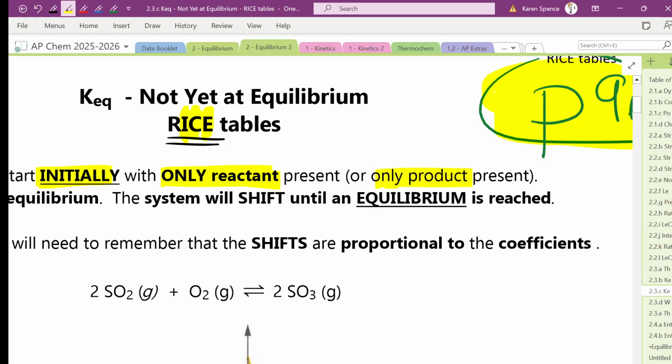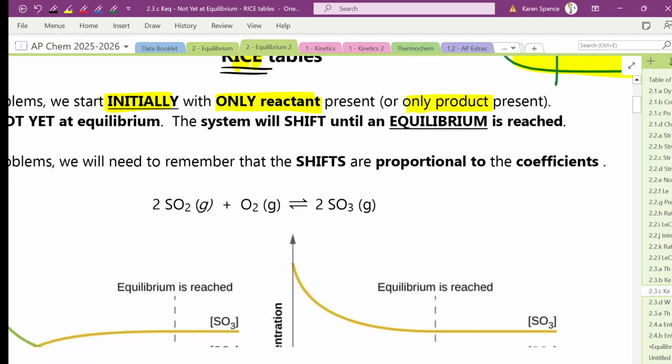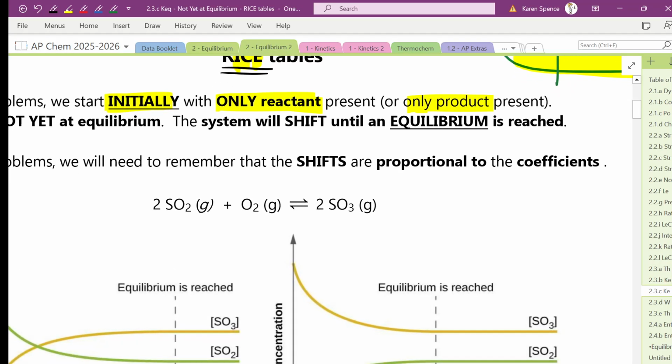If that's the case, are we at equilibrium? No. Okay. So the system will need to then shift. And if you recall, shifts are always proportional to the coefficients, and that will come in handy today when we actually start doing the math.